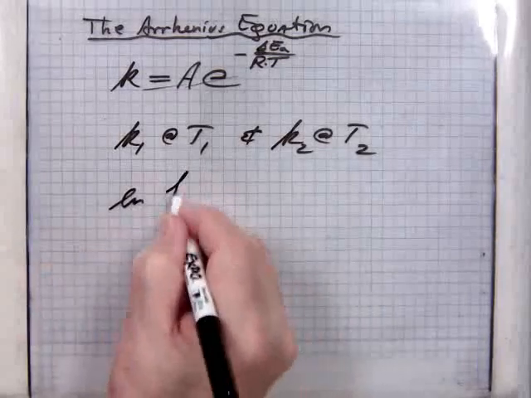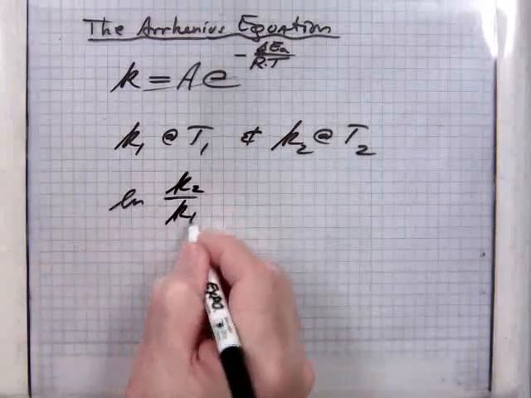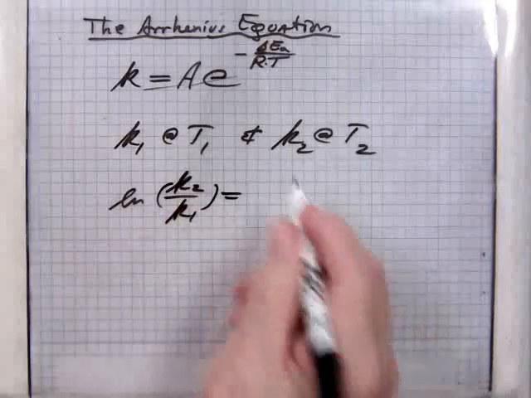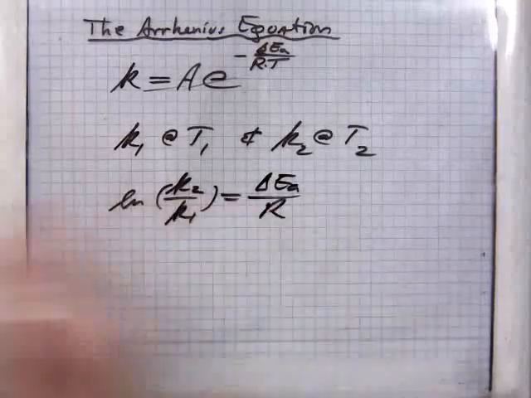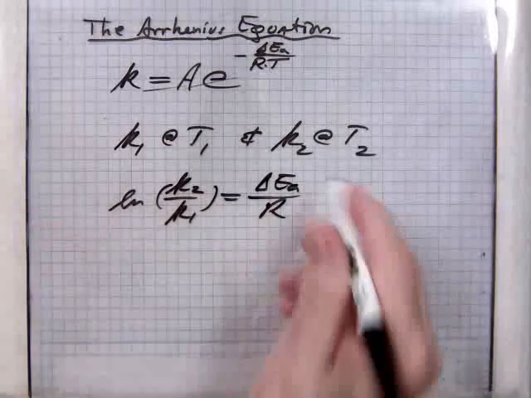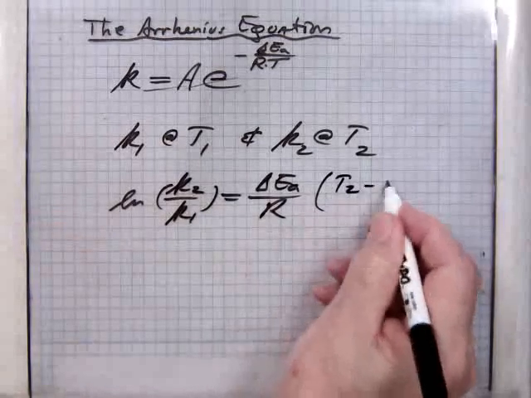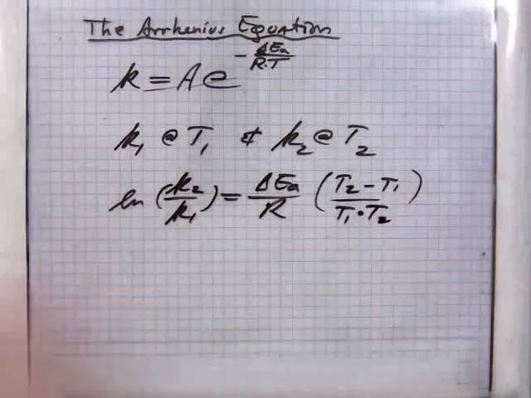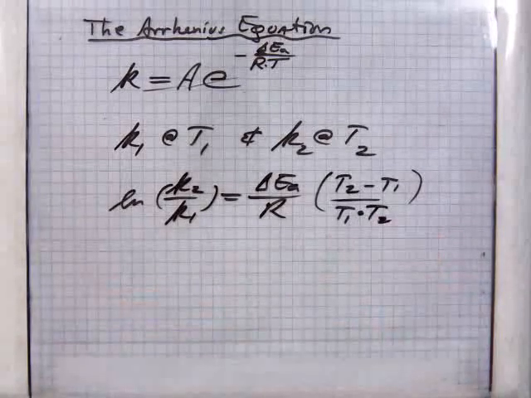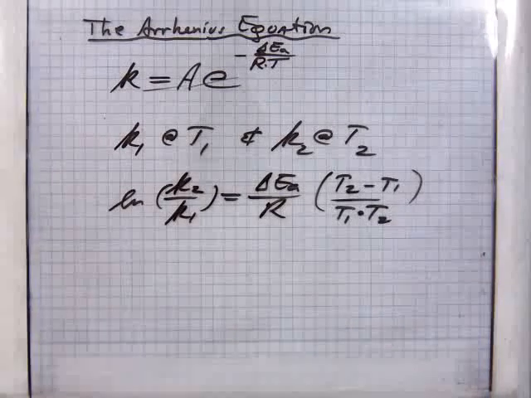Ln of K2 over K1 is equal to delta E activation energy over R, times T2 minus T1 over T1 times T2. This is taking all the fluff out of this. Now, some of you that had me last semester will remember this was presented in the form of vapor pressures in the Arrhenius equation back in gas laws.